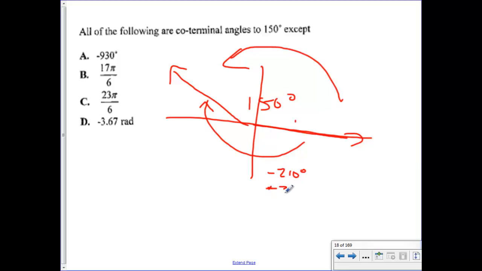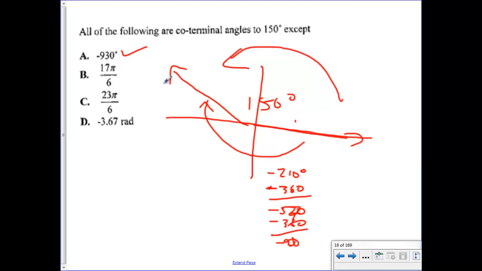But if you went around the circle another time and you subtracted 360, then you'd get up to negative 520. And if you did another 360, I believe it would get you to negative 930. So this one just means that it's the same angle, but going backwards and going around the circle a few times. So that one is coterminal.